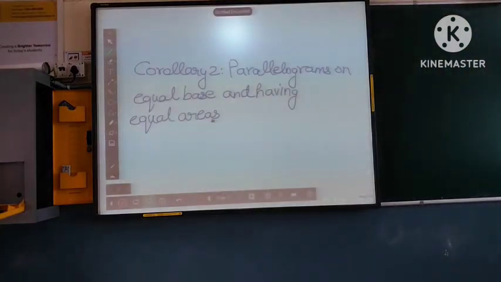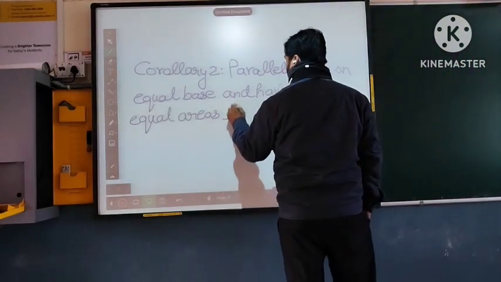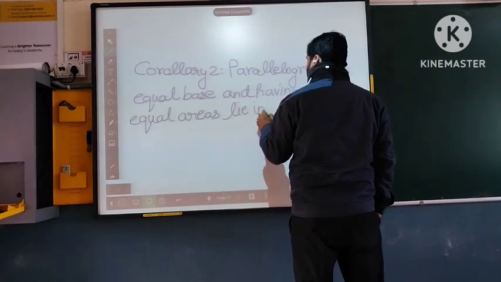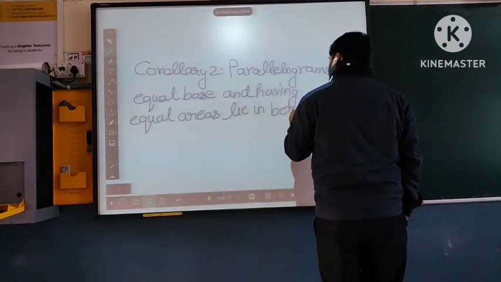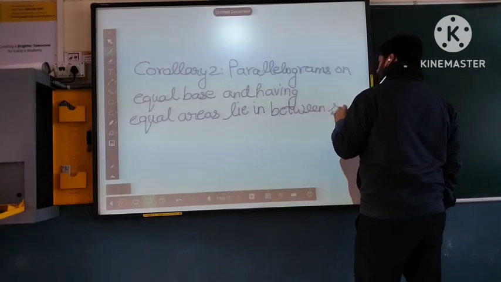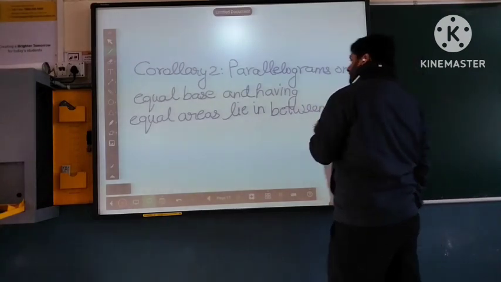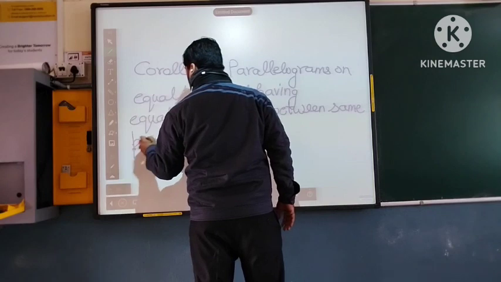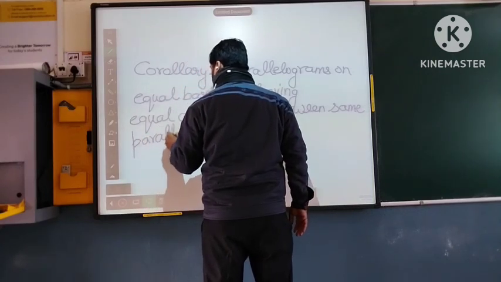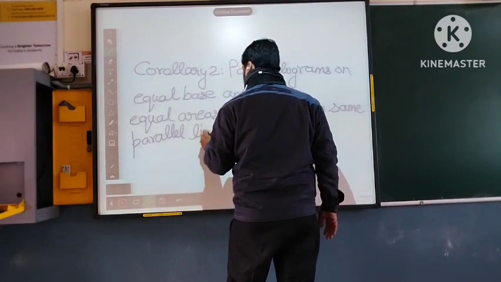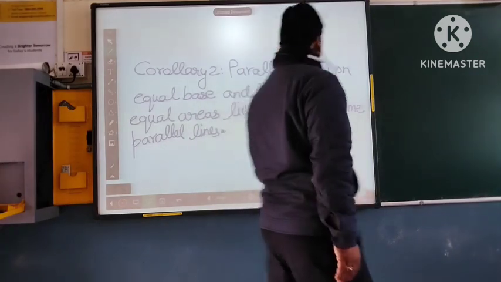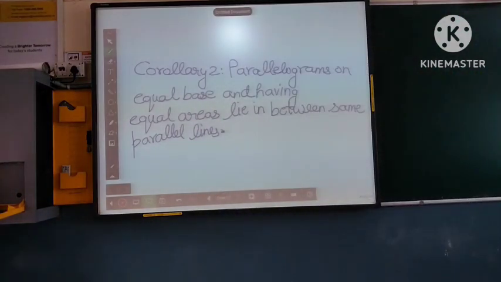So they are lying on the same base and having equal areas. So that is corollary 2. Told you there are three parameters. One is on same base, other is equal area, and third is between same parallels. So if two things are there, third thing will automatically come. It could be for parallelograms, it could be for rectangles also. And one was saying about equality of altitudes. Corresponding altitudes will be equal. That's how it goes.